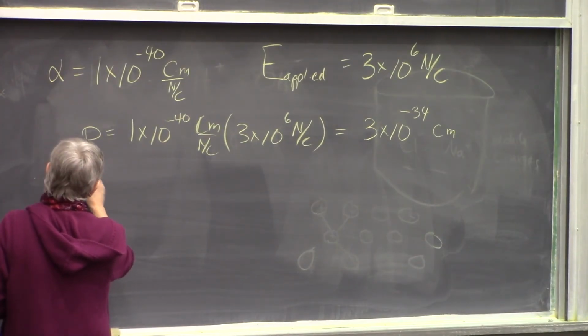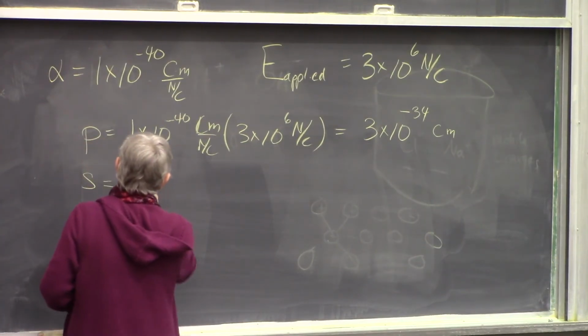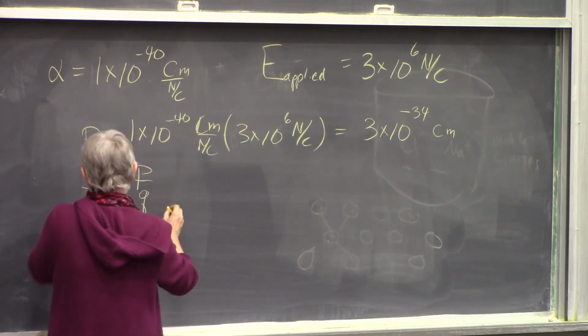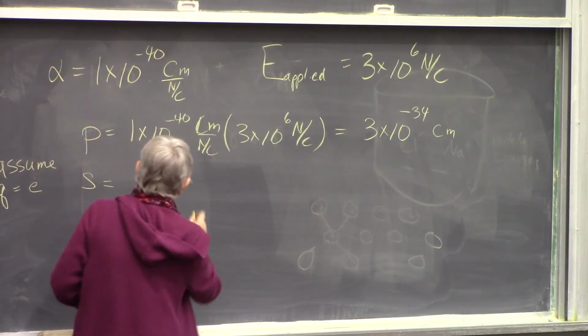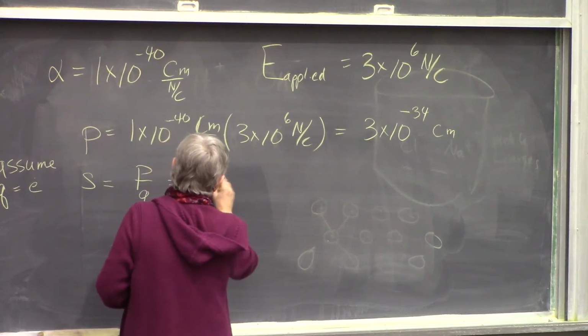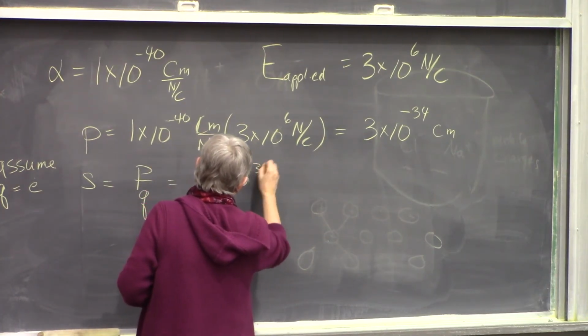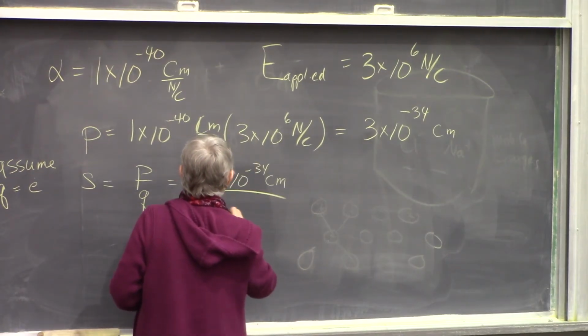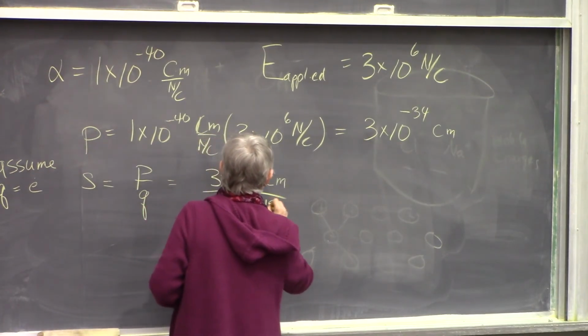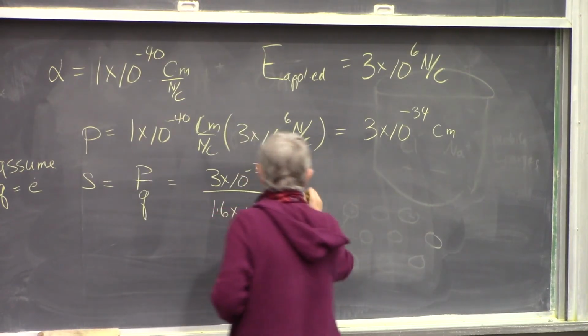So S would be P over Q, which is 3 times 10 to the minus 34 coulomb meters divided by 1.6 times 10 to the minus 19 coulombs.